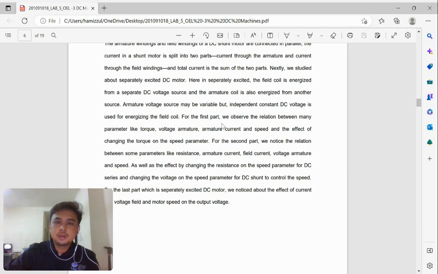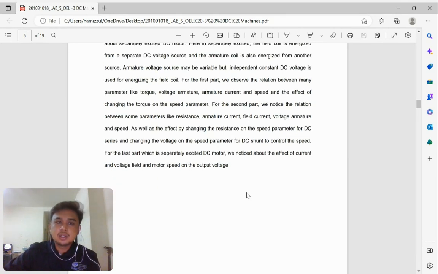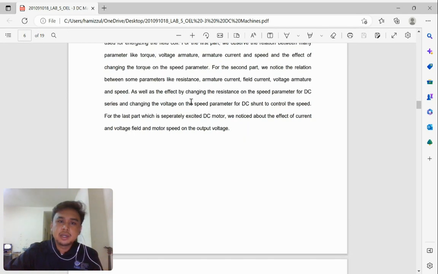For the first part, we observe the relation between parameters like torque, armature voltage, armature current, and speed, and the effect of changing the torque on the speed. For the second part, we notice the relation between parameters like resistance, armature current, field current, armature voltage, and speed, as well as the effect of changing the resistance on the speed for the DC series, and changing the voltage on the speed for the DC shunt, to control the speed.